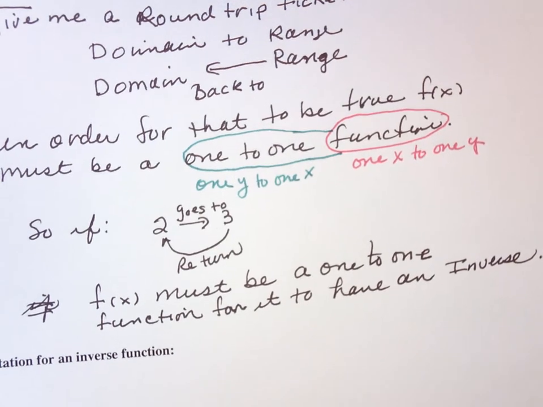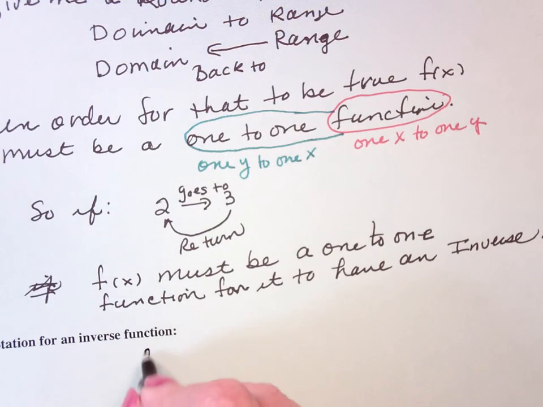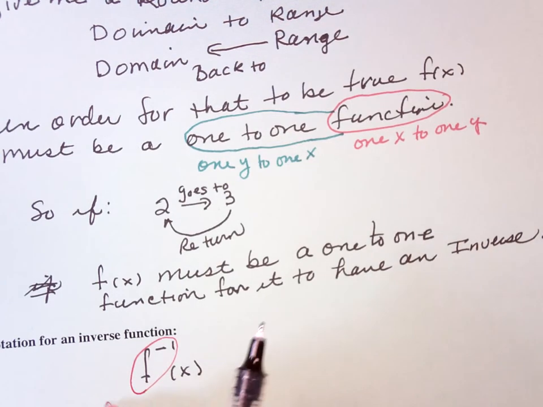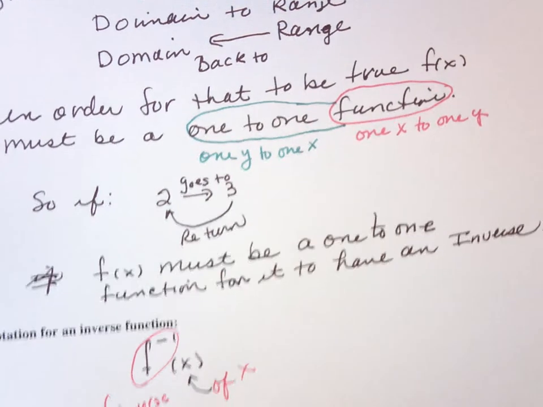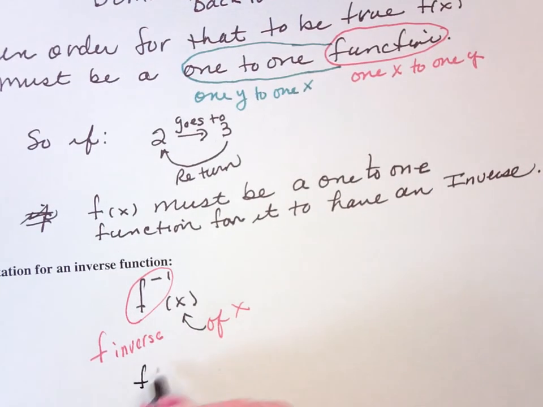Now the notation for the inverse function, it's f to the minus 1 of x. This says f inverse of x. F to the minus 1 is not equal to 1 over f.